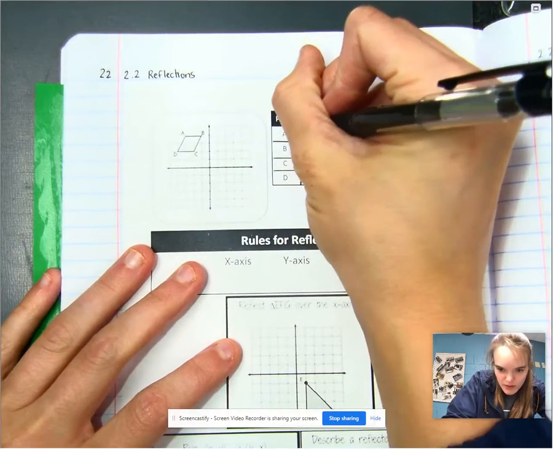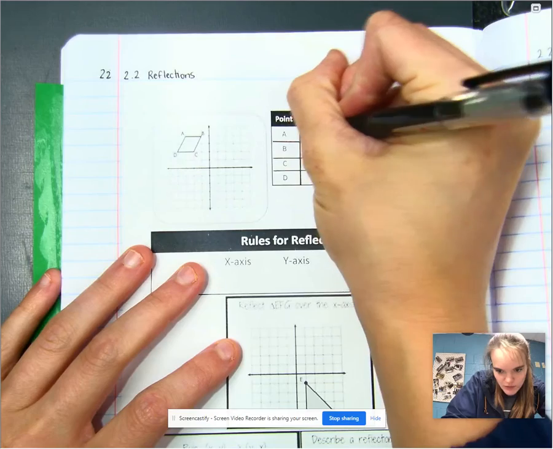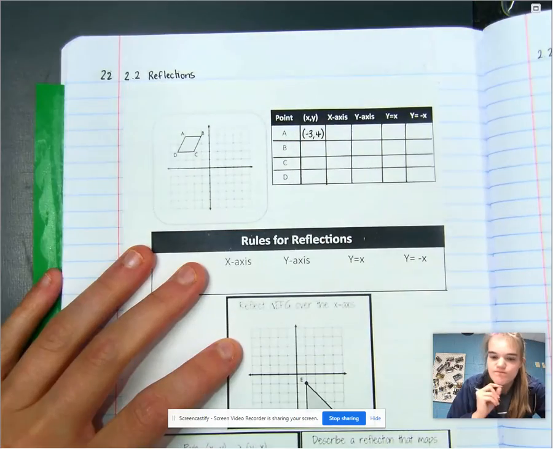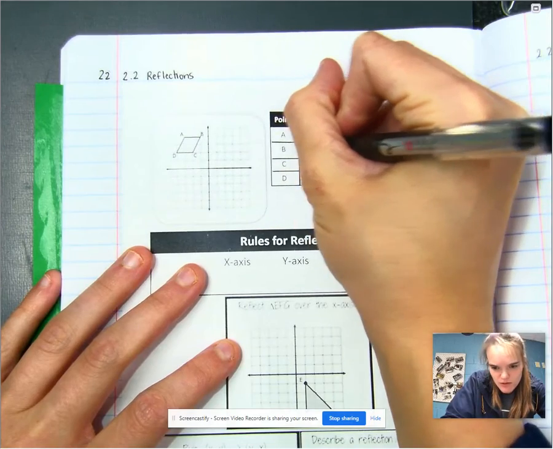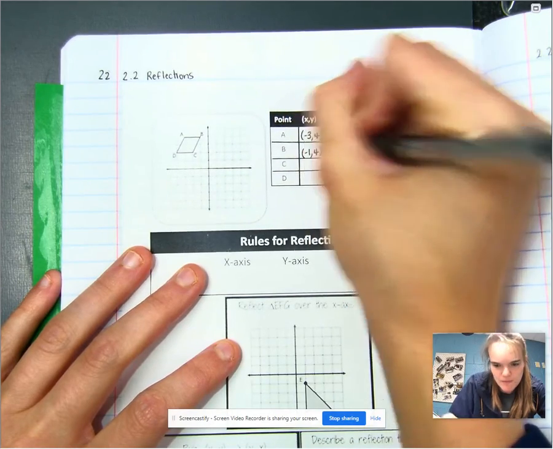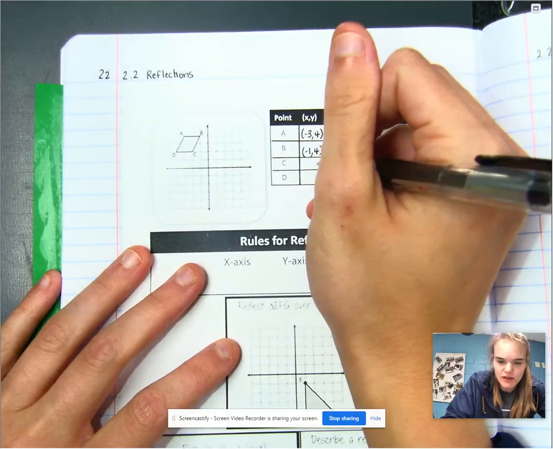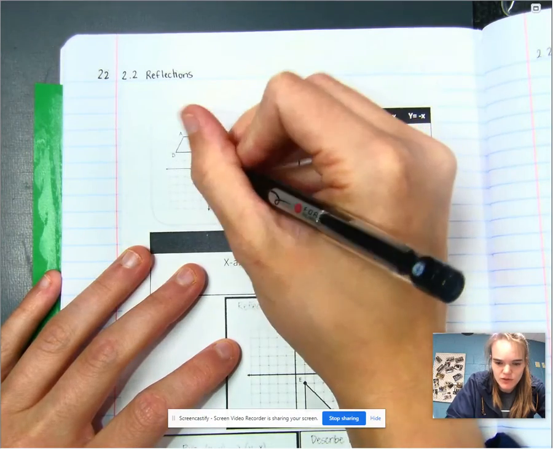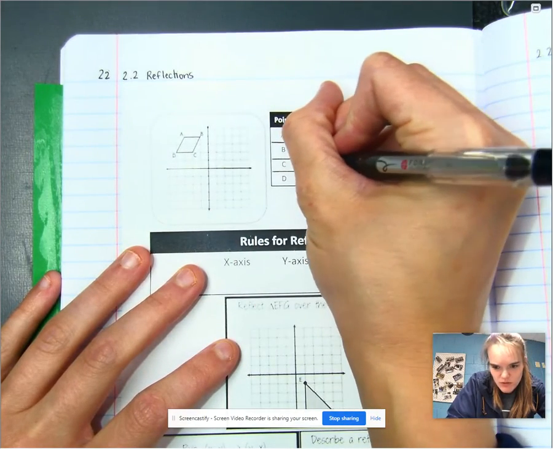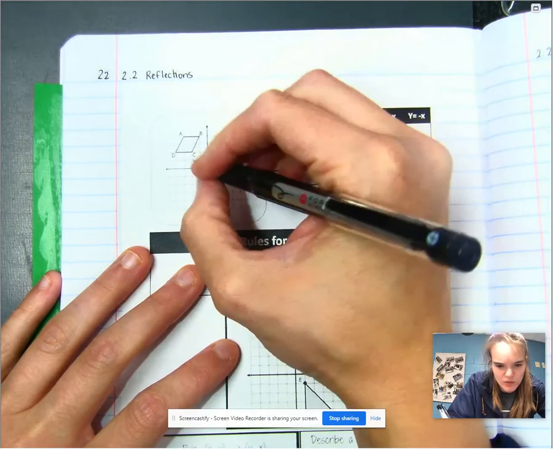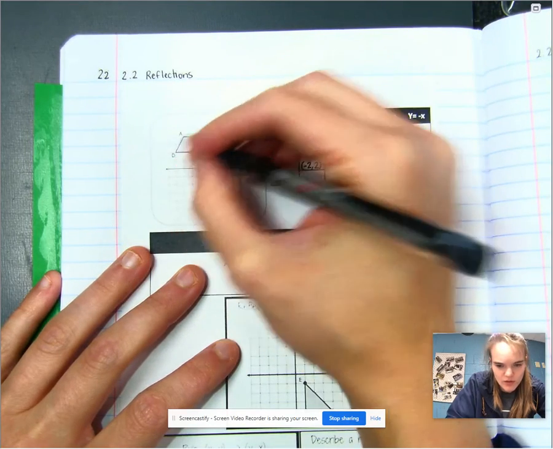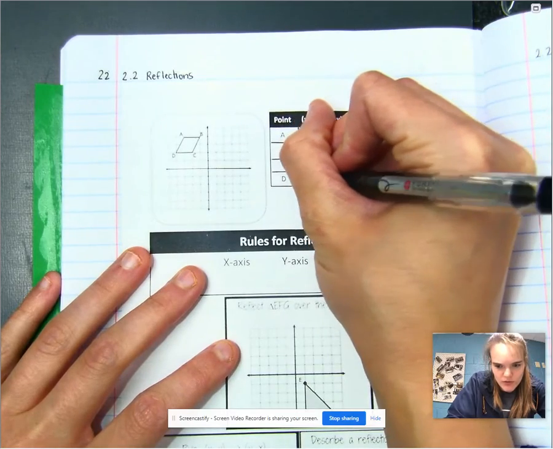So negative 3, comma 4. B is at negative 1, comma 4. C is at negative 2, comma 2. And D is at negative 1, 2, 3, 4, negative 4, 2.